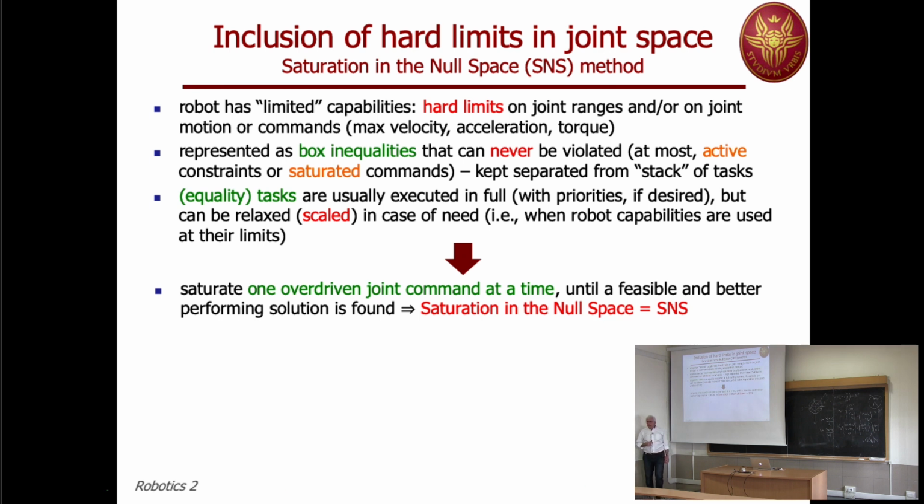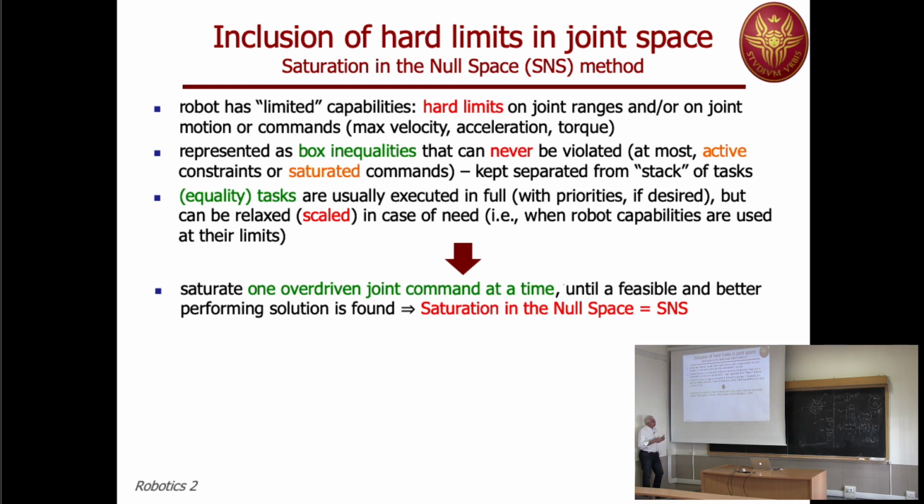So we need to modify this solution. And probably we need to bring some overdriven joint, in which the minimum norm solution would give a velocity which violates its constraint, to its saturated value, so to the maximum possible value, and leave this joint velocity as such, and try with the other joints to satisfy the remaining task, or the original task.